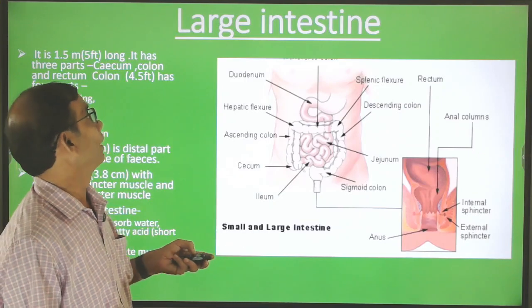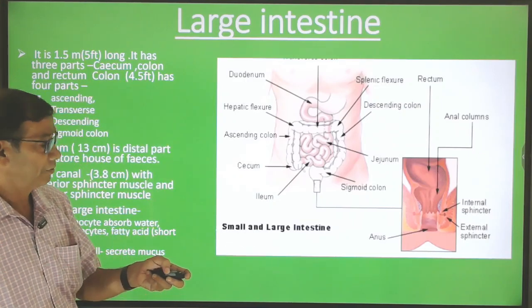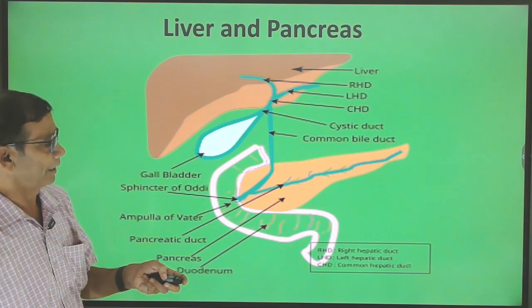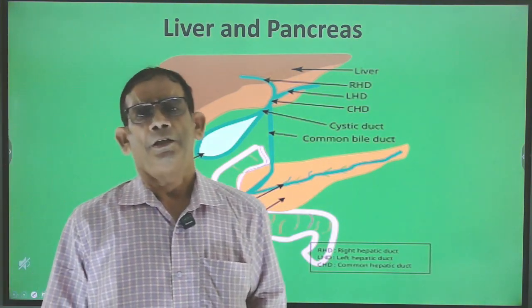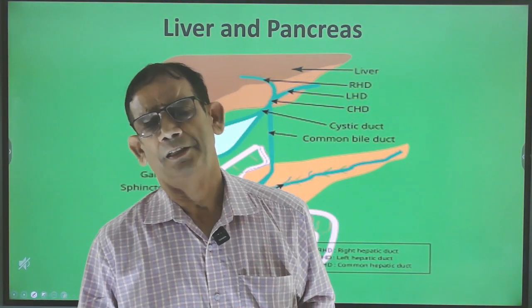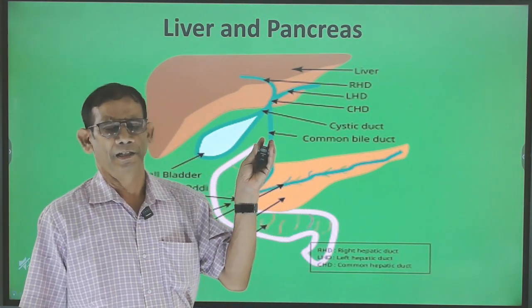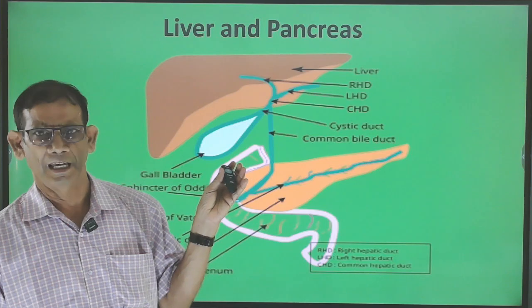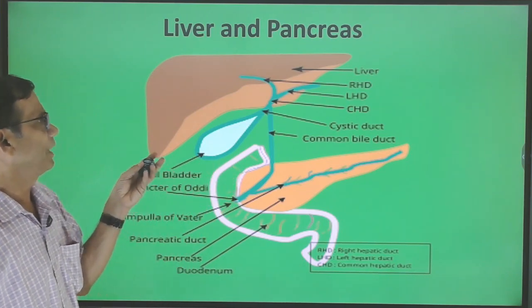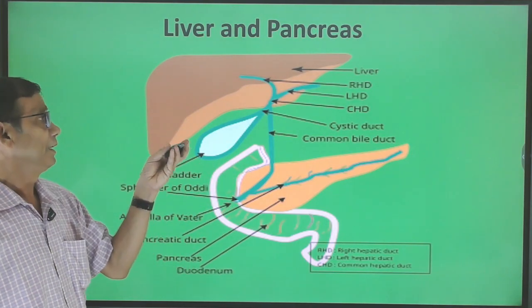This is all about the alimentary canal. After this, the associated digestive structures or digestive glands are the liver, pancreas, and salivary glands. The first one is the liver. The liver is the largest gland of our body.